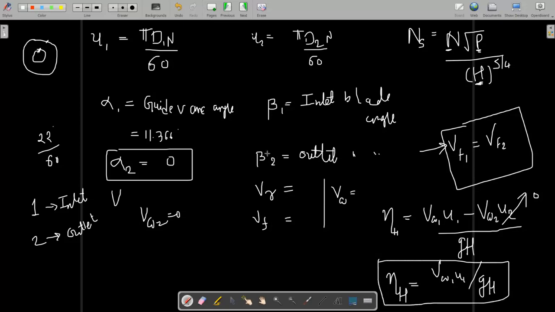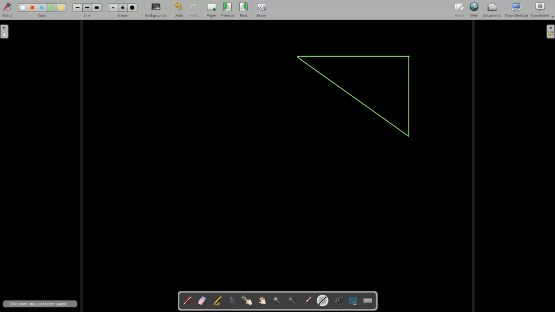Okay, now I am going to draw the velocity triangle. At outlet we can easily draw the velocity triangle, because it is given that the flow is radial, so there is only one triangle like this, and this angle will be beta 2, that is the outlet blade angle.